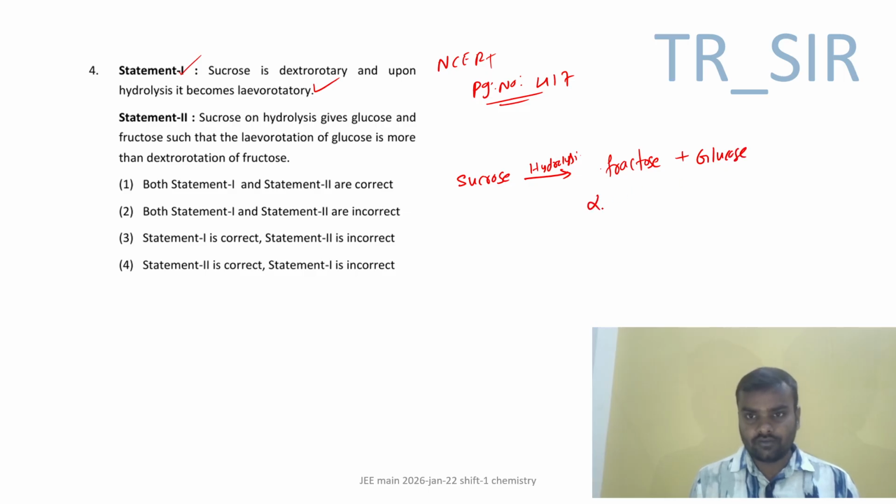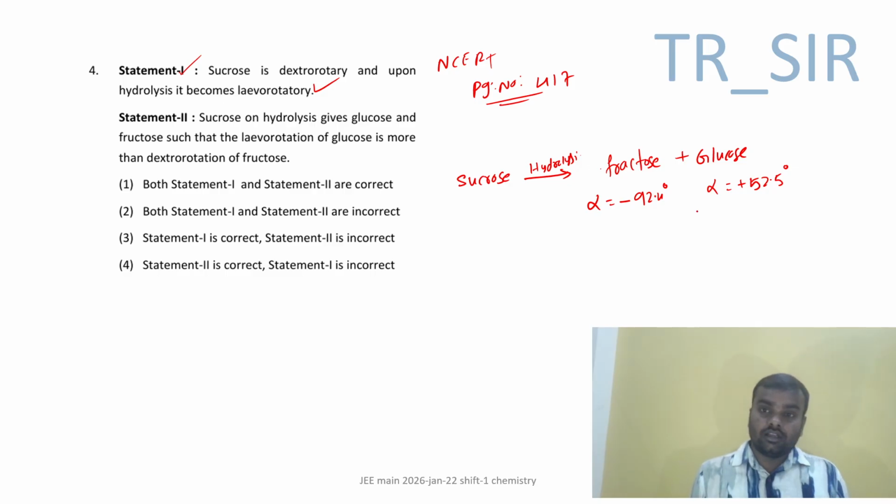Here, for fructose alpha is equal to minus 92.4 degrees, and for glucose it is plus 52.5 degrees.